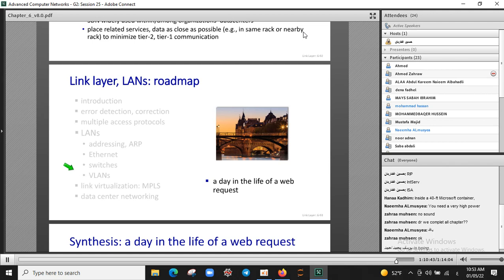Just read these parts: switches, VLANs, MPLS, and data centers. Just read slides 16 to 92. That's it. For the final exam, just this.